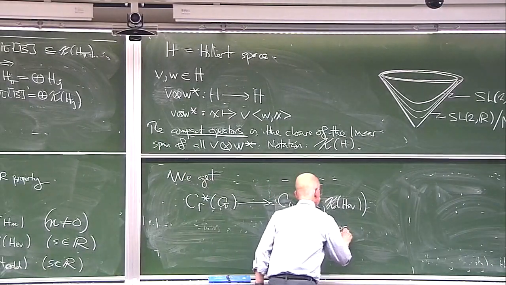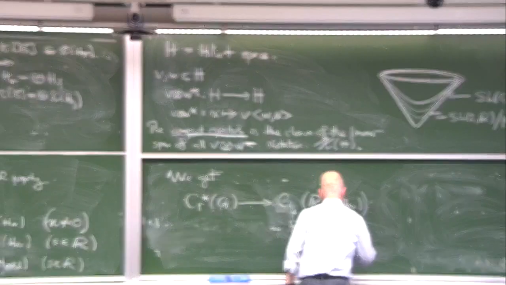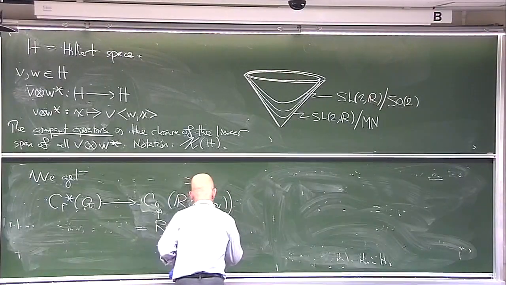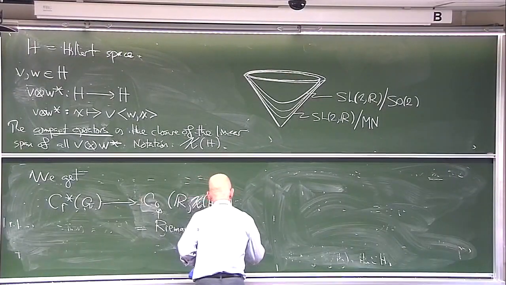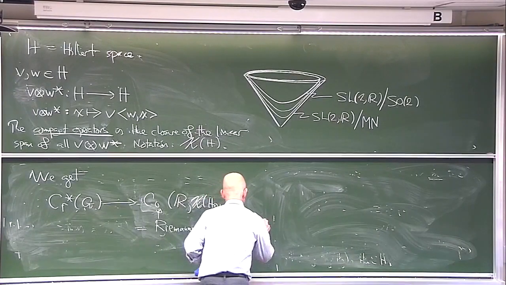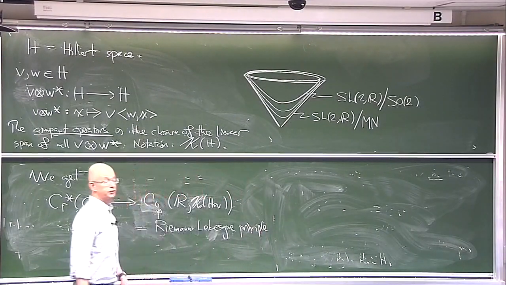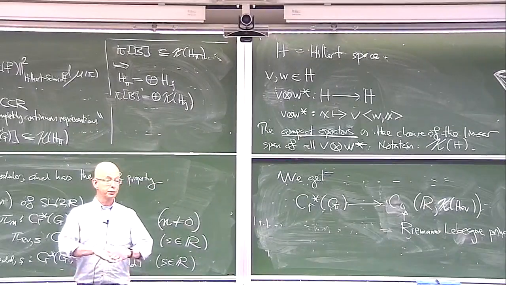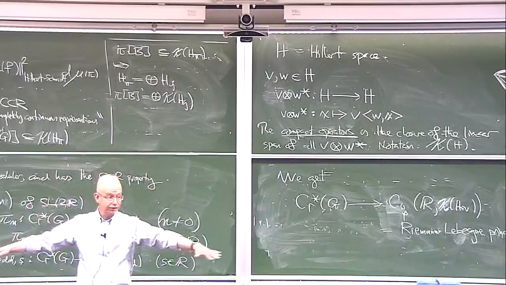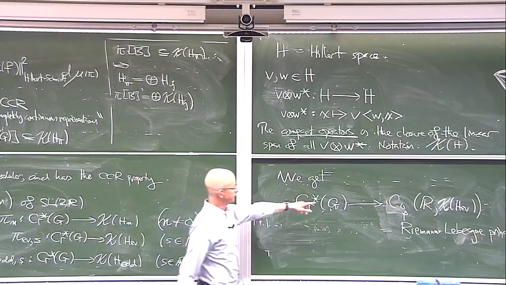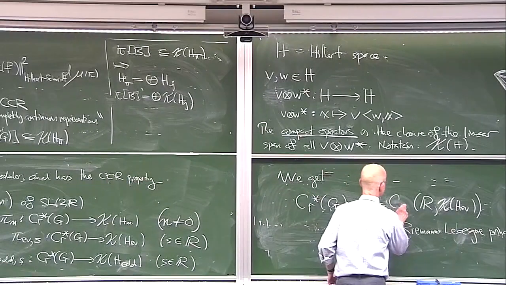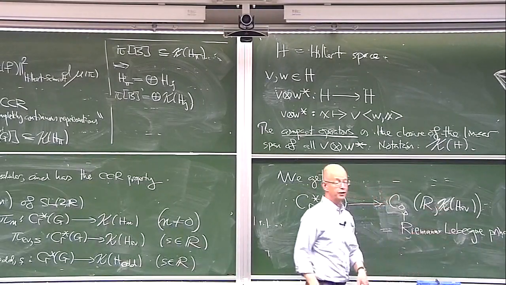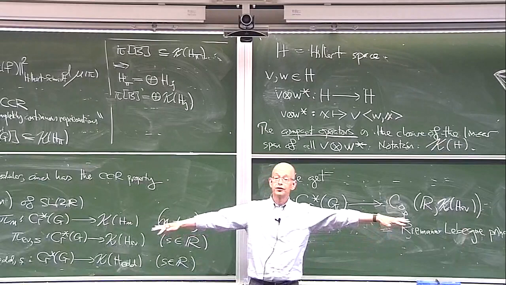In classical Fourier theory, there's something called the Riemann-Lebesgue lemma. Which says that the Fourier transform of any, say, continuous and compactly supported function is a function on the line which vanishes at infinity. And it's the same phenomenon here which is responsible for this 0. So these are the continuous functions from R into this C-star algebra whose pointwise norm converges to 0 at infinity.